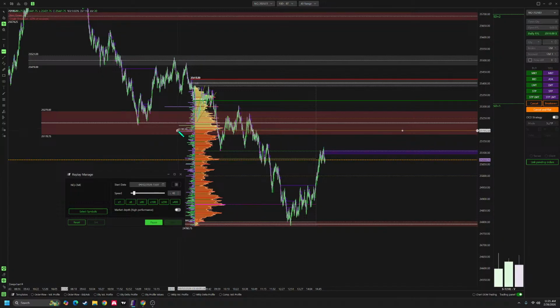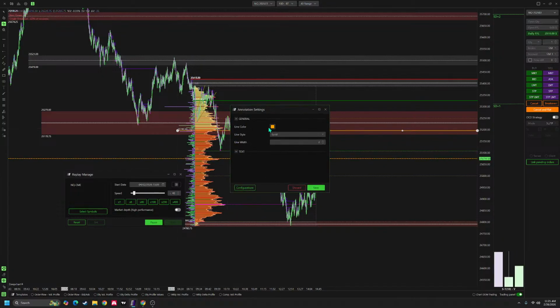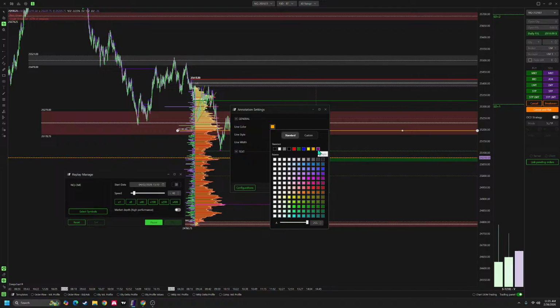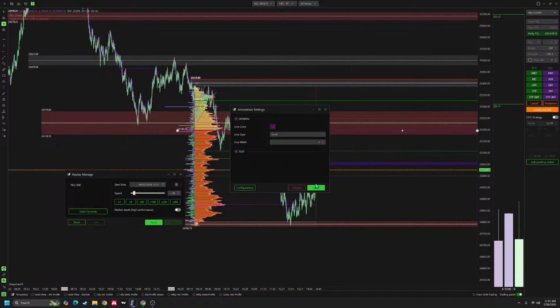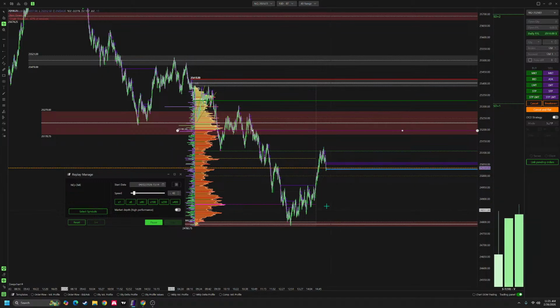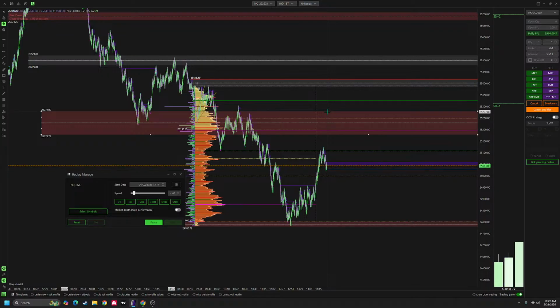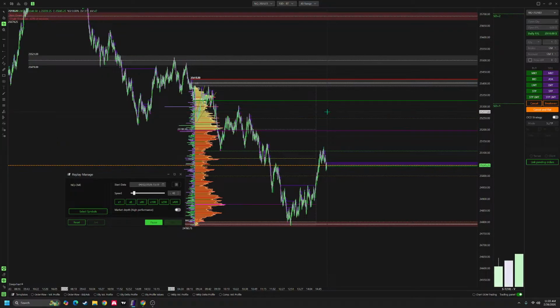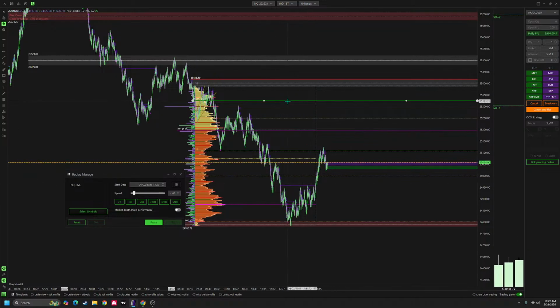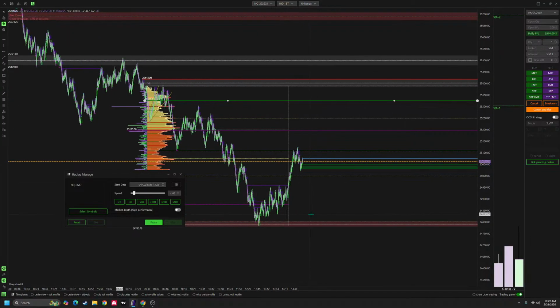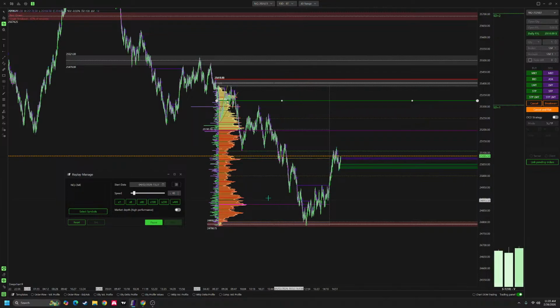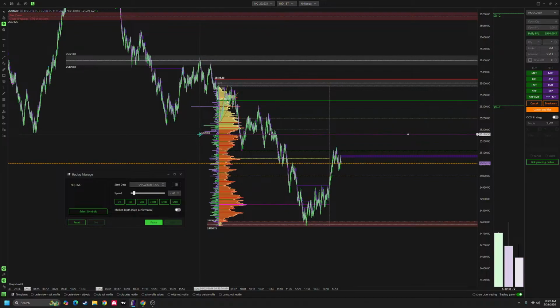What zone next? Right here. That's going to be our zone. Just remove some of this clutter. Wouldn't be surprised if we finish around here.